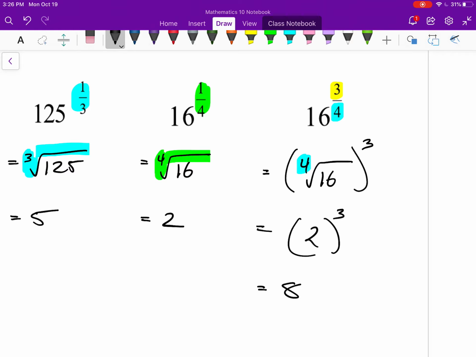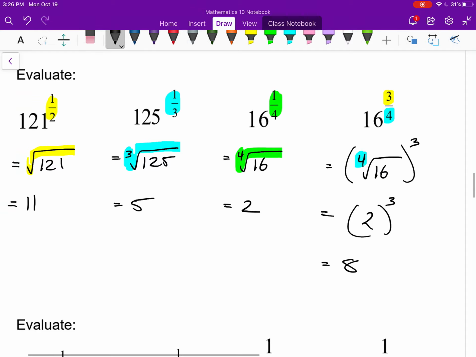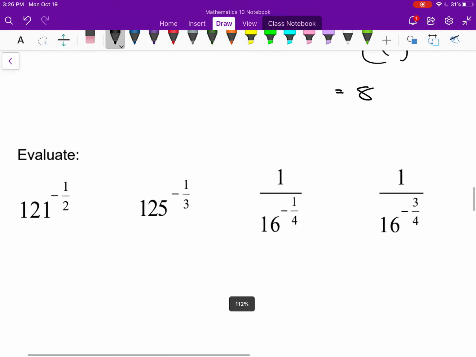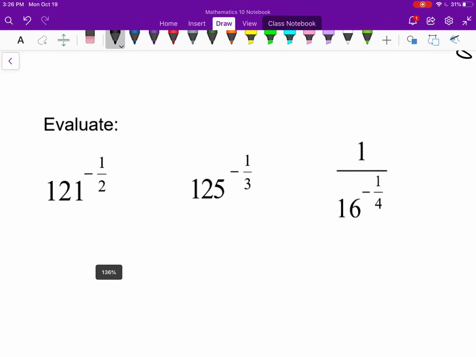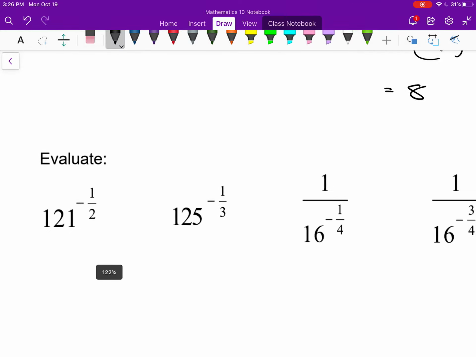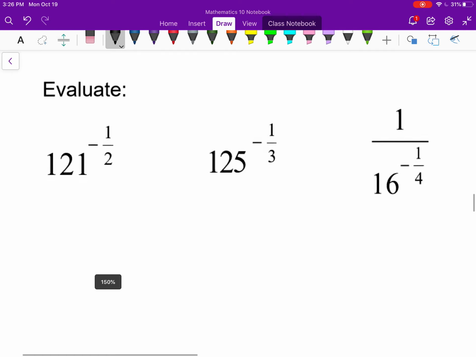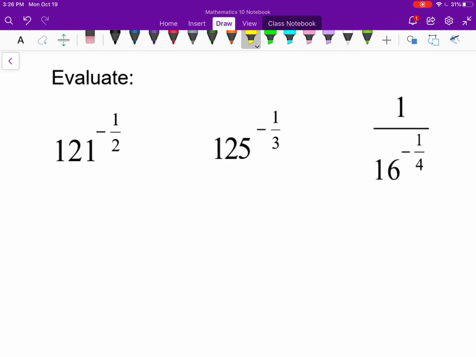All right, so what if I incorporate some negative exponents in here as well? Let's look at this first one. 121 to the negative 1/2. Well, I don't care what the exponent is. A negative exponent is always the same as a positive exponent in the denominator.